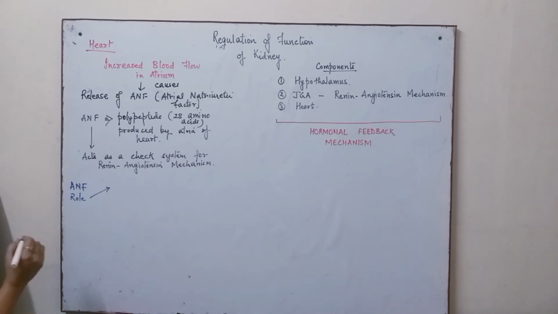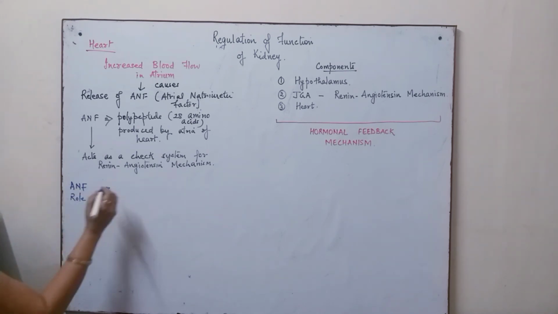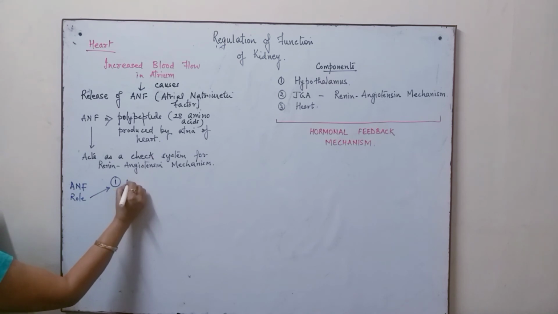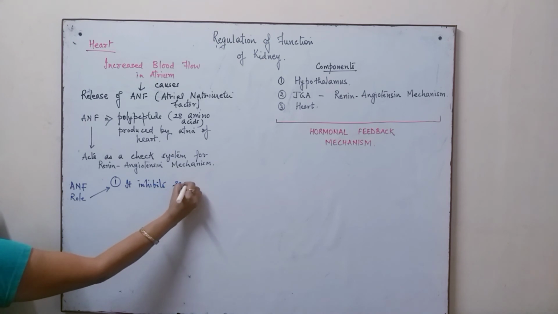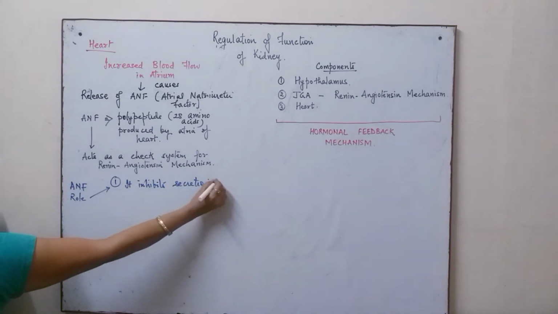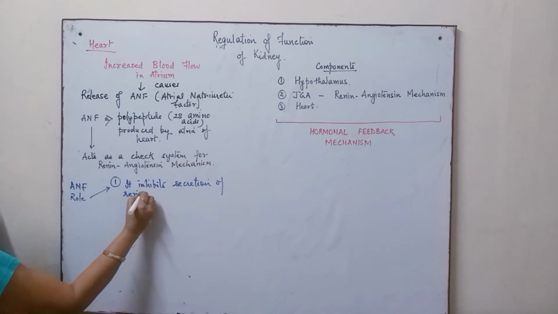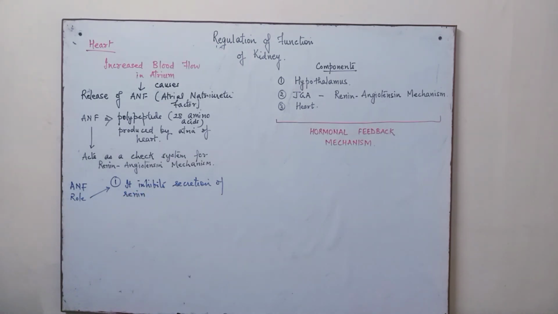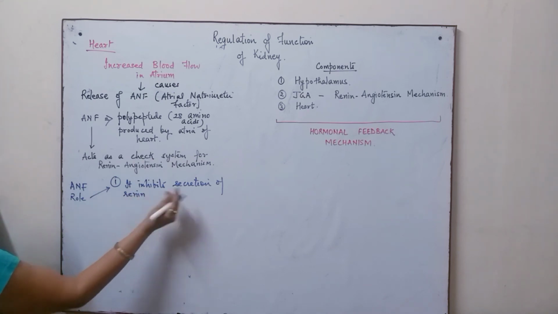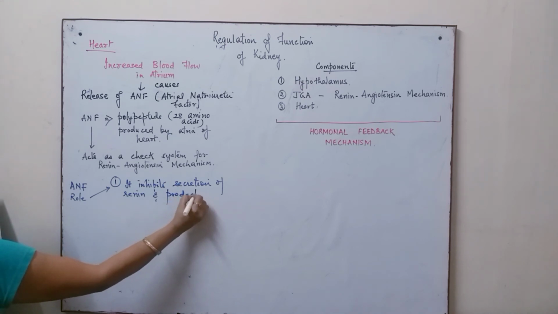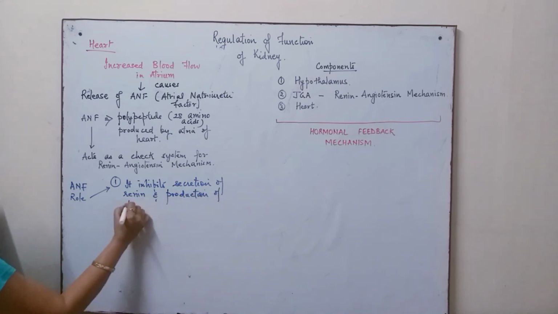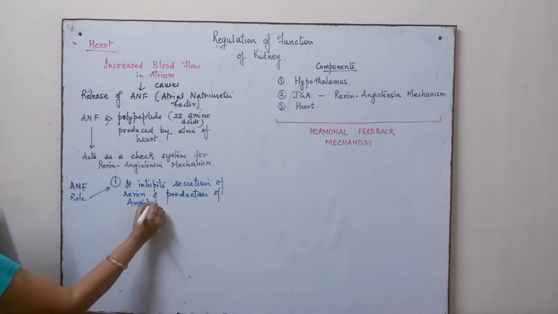First, it inhibits secretion of renin. Now when renin is not produced, it will also affect the production of angiotensin. So it inhibits secretion of renin and production of angiotensin.